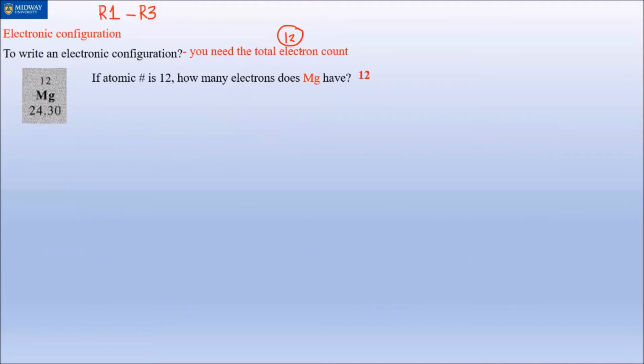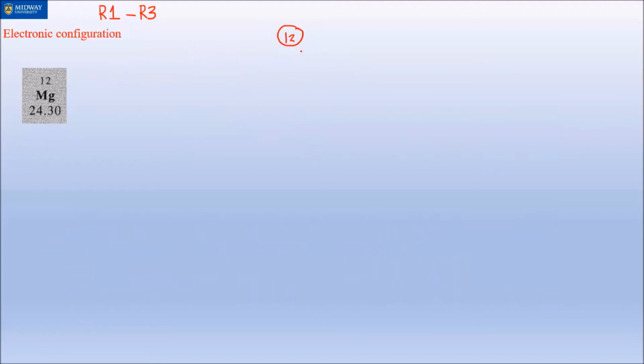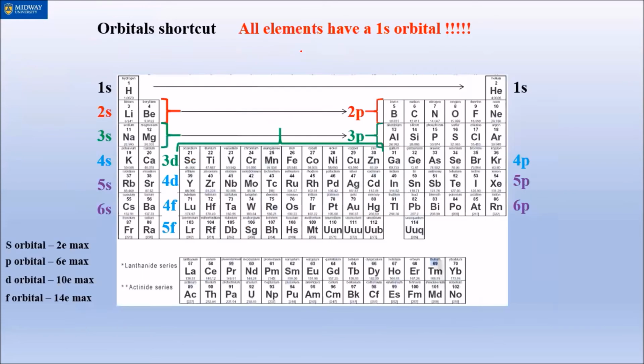You can apply this rule blindly, following the sequence, for any element from row 1 up to the end of row 3. There should be no exception to that rule. First, write the orbital sequence. Let me go back for now and see where our magnesium is.